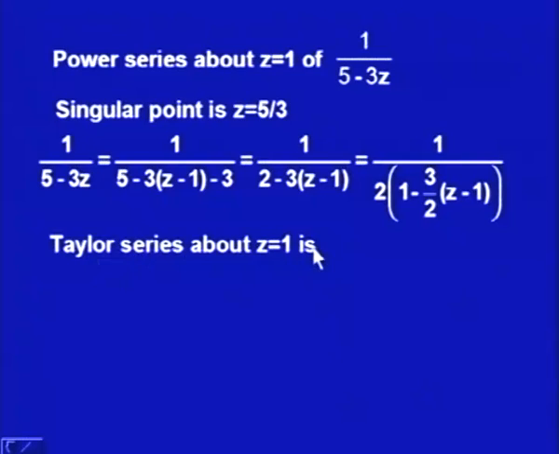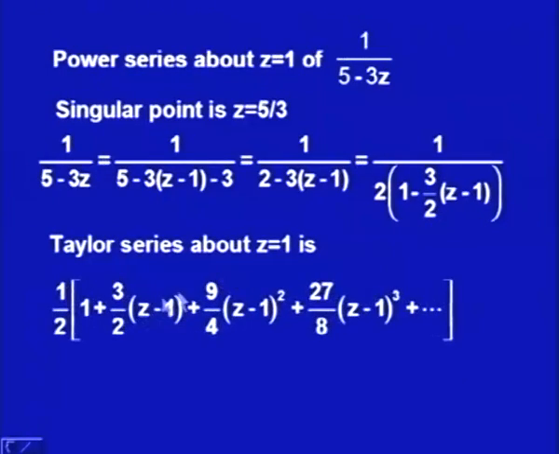So, the Taylor series about z equal to 1 is, you can expand this as a geometric progression, and this comes out to be 1 by 2 of (1 plus 3 by 2 into (z minus 1) plus 9 by 4 into (z minus 1) square plus (3 by 2) whole cube into (z minus 1) whole cube plus and so on).